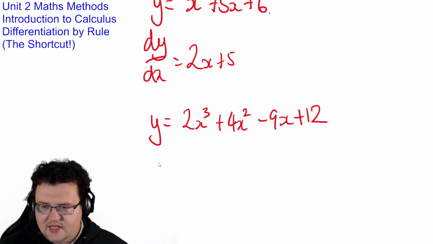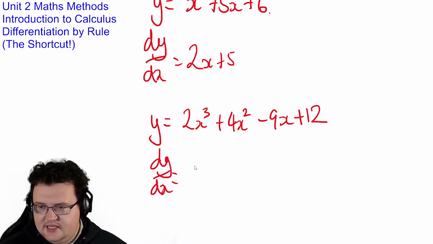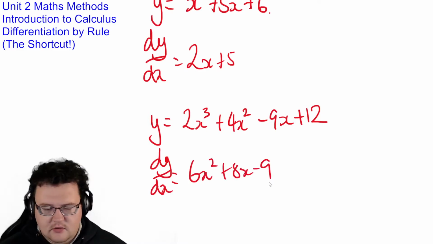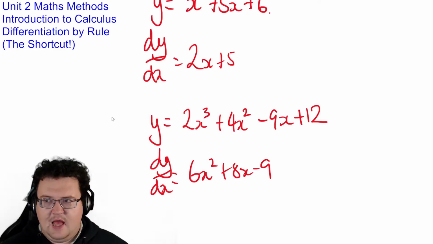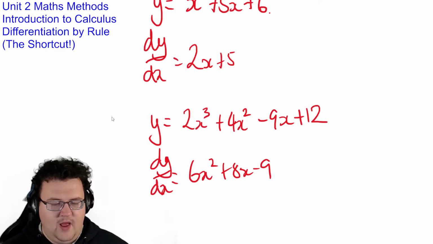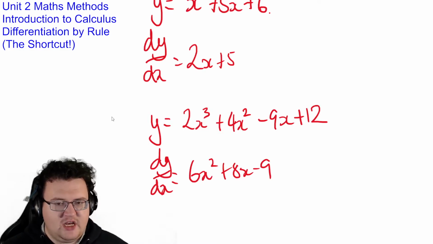All right, very quickly we can get dy dx is 6x squared plus 8x minus 9. And until you start getting into the weird and wonderful equations, this rule works.